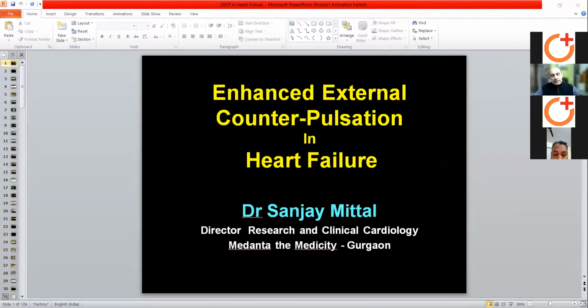In our country, this is the data from our hospital. I'm working in Medanta, the Medicity, as clinical cardiologist, director, and also in research. We published this data recently. There were 6,141 patients of heart failure who presented to us, and we found the major cause of heart failure in our hospital is ischemic heart disease. Similar data has been reported, varying from 37% to 72%.